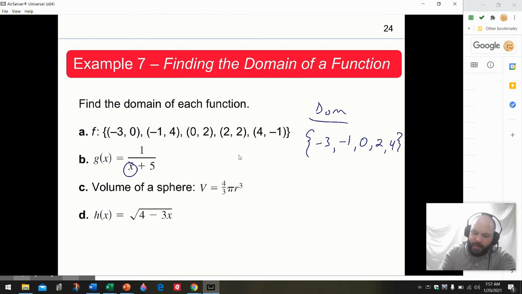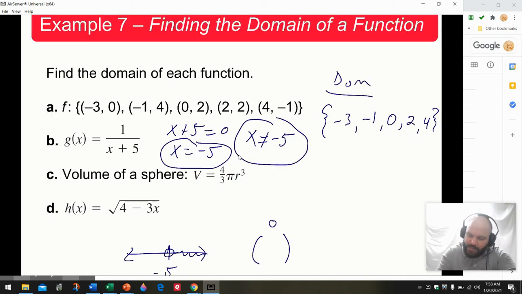If I take x plus 5 and set it equal to 0, x cannot be -5. So it would be all real numbers except x equals -5.